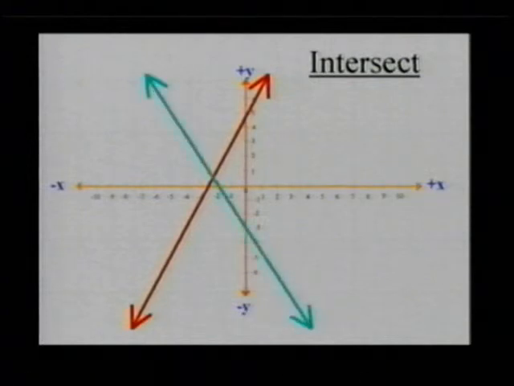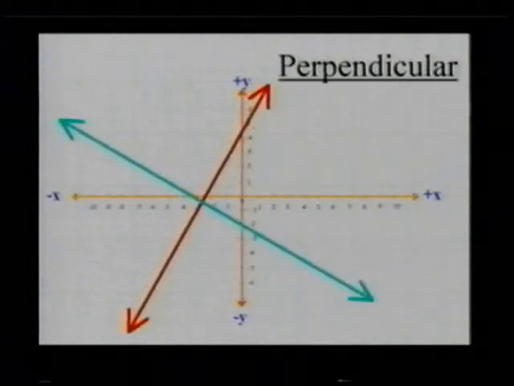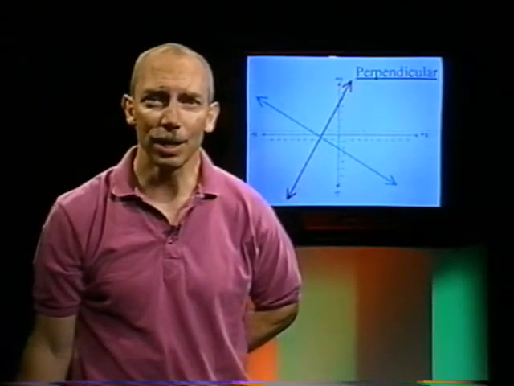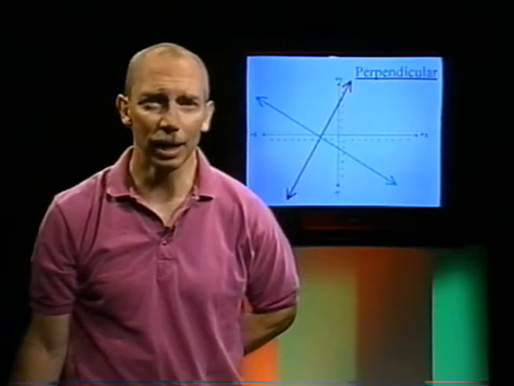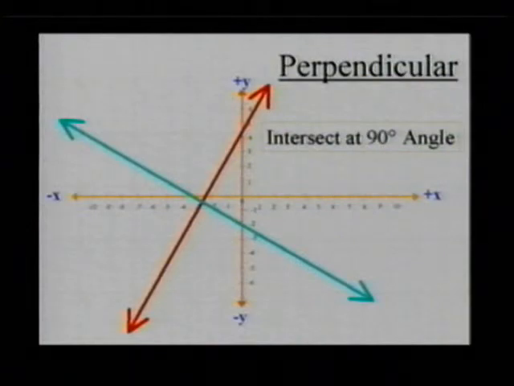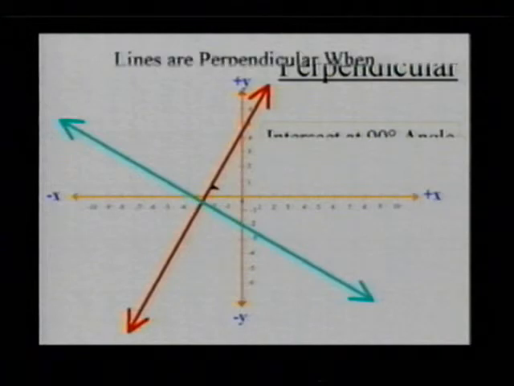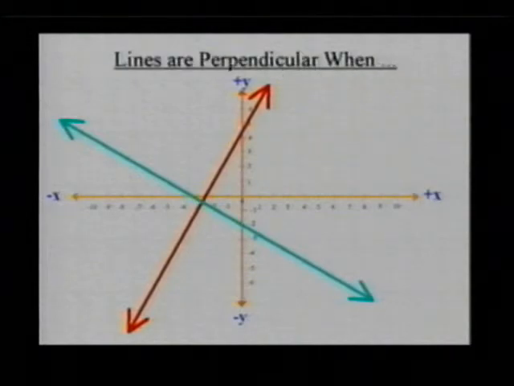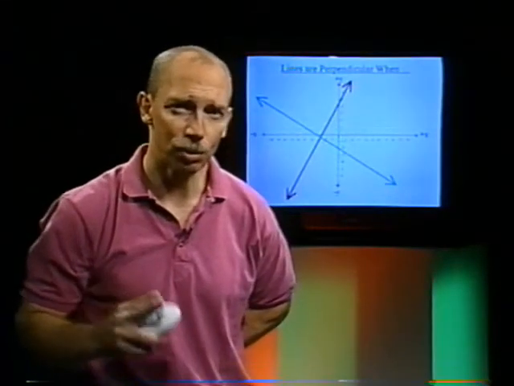Now, there's an intersect, and there's a special way to intersect called perpendicular. Okay? Interestingly enough, perpendicular means they meet at a right angle or at a 90-degree angle. And there's a way to tell whether they're perpendicular or not from the equation. Okay? And that is, of course, we know that they intersect because their slopes are different.